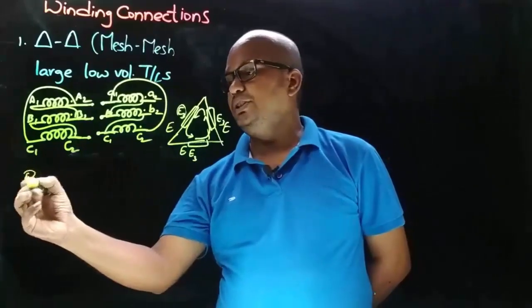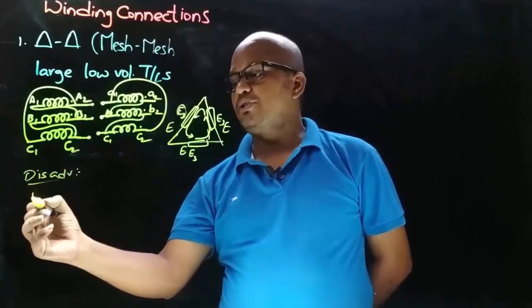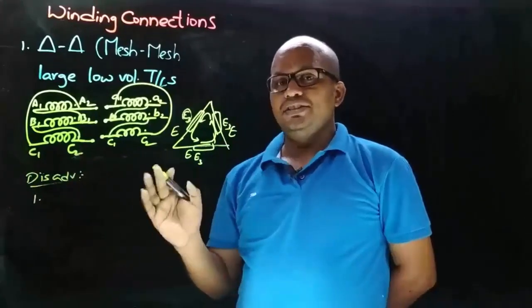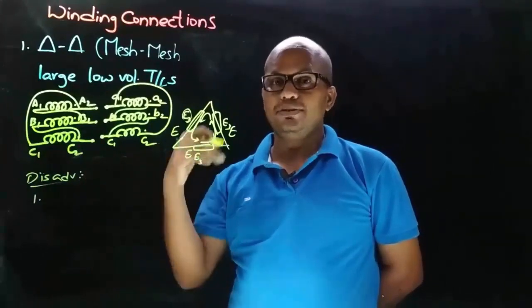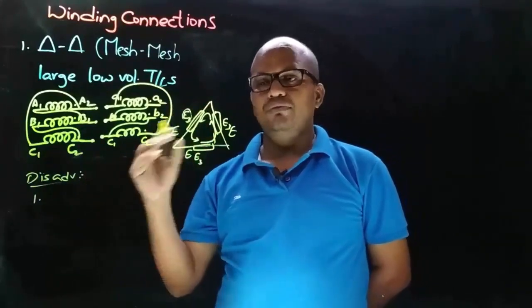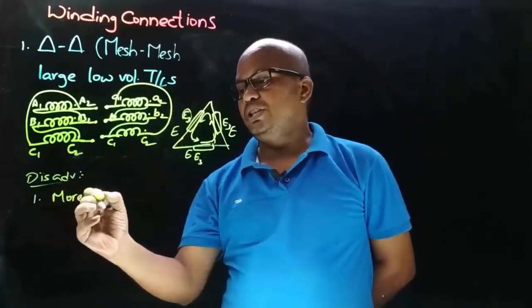And now the disadvantages. The disadvantage of this connection is that as less cross section conductors can be used, the number of turns per phase is more. If the number of turns per phase is more, more insulation is required.